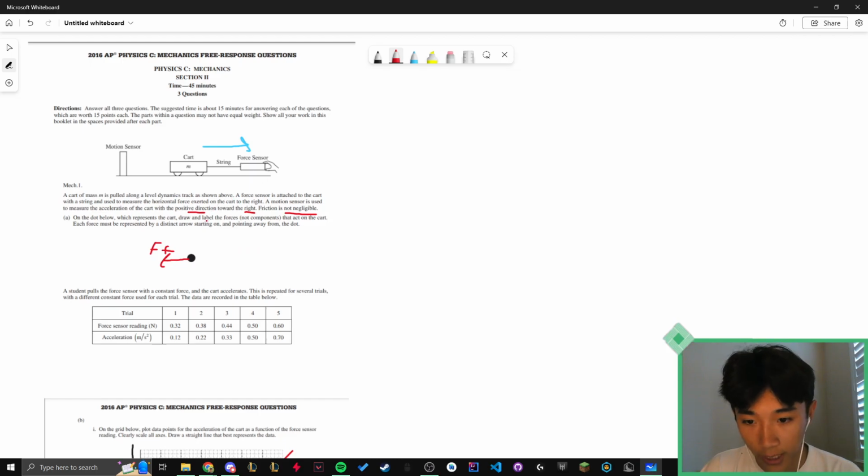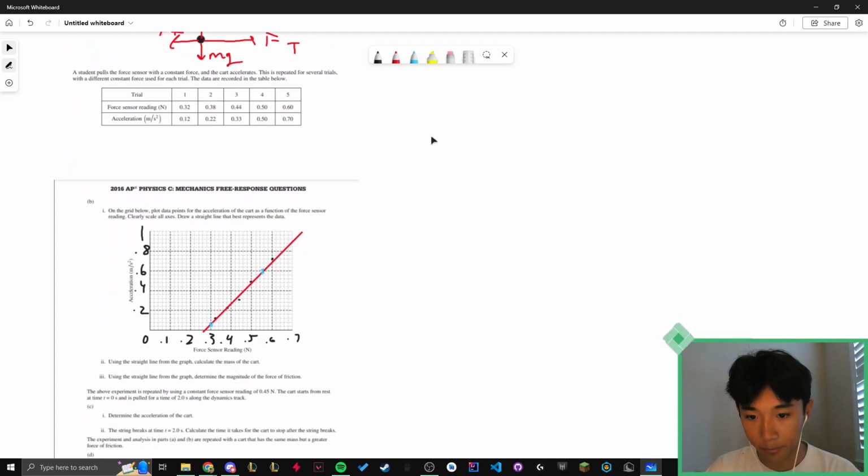Since it's moving towards the right, the tension force from the string must be bigger than the force of friction. Obviously it is not moving vertically, so the normal force and mg must be the same. And that would be it for part A.